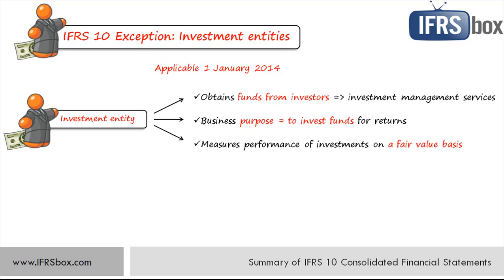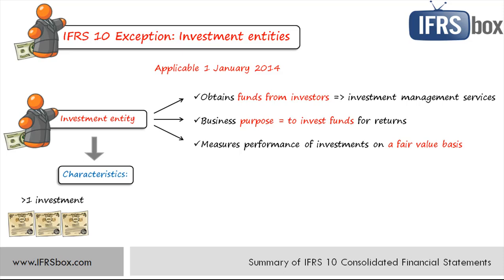IFRS 10 provides a guidance how to determine whether the entity is an investment entity or not, so you might need to check it in the specific circumstances. But the main 4 characteristics that the company is an investment entity are: it has more than one investment. Then investment entity might have more than one investor. That's not the condition, just the characteristics.